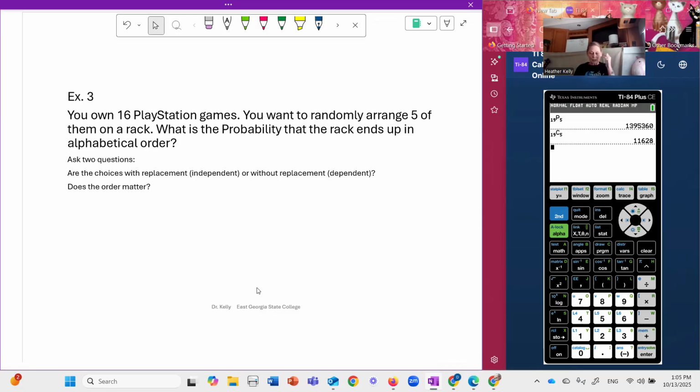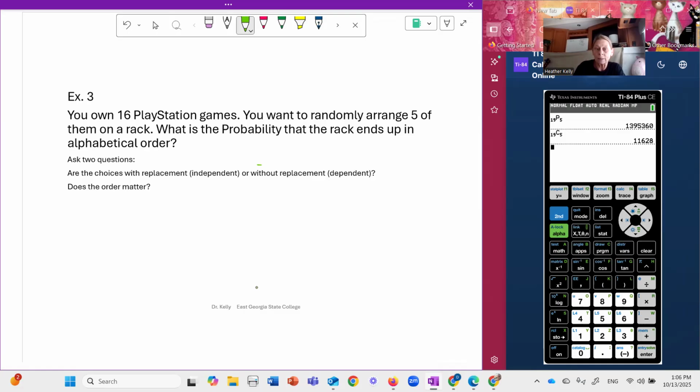Okay. So this is where it gets a little bit tricky. And I always have to explain this part to everyone. There's only one way to get alphabetical order. Okay? There's only really one way. And order matters. So we're definitely wanting to know, are the choices with replacement or without replacement?